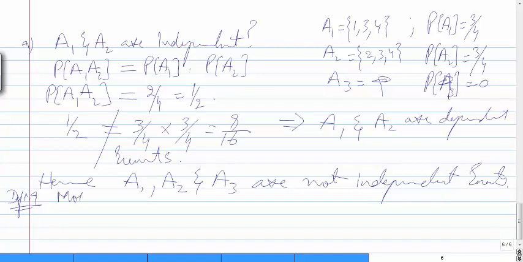that is for more than 2 independent events.